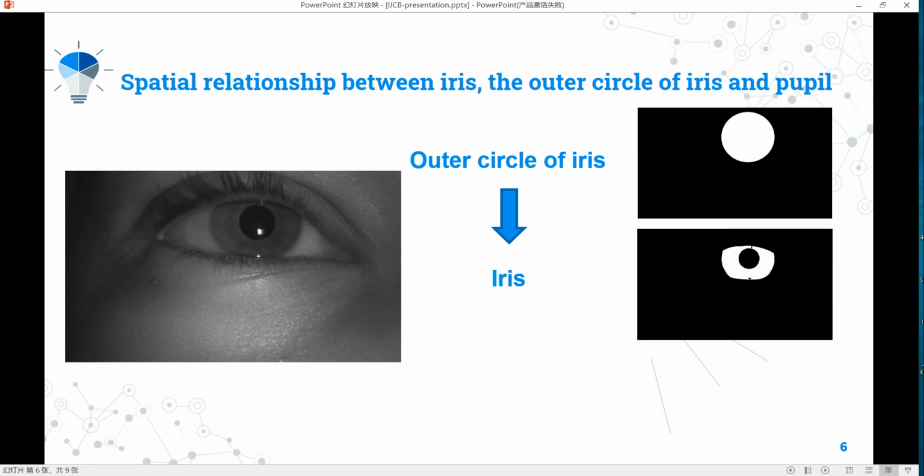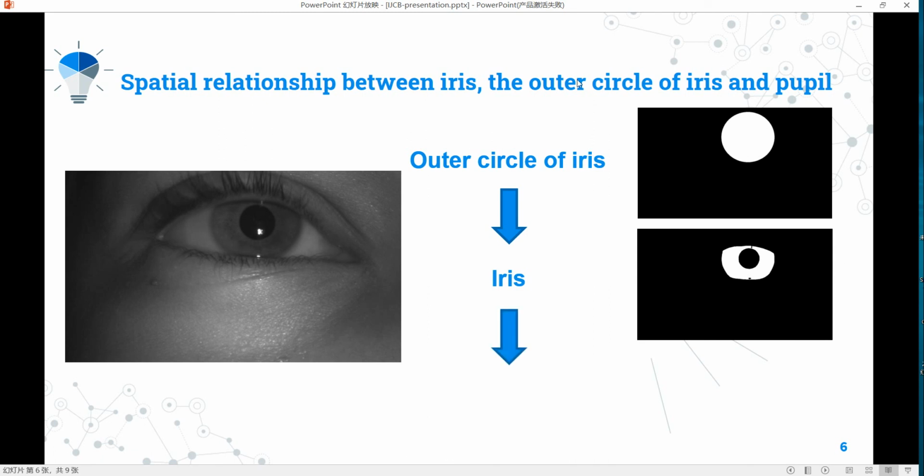This is an iris acquisition image, and the one on the right is the segmentation image of the outer circle of the iris. In fact, through observation and simple thinking, it can be found that the iris segmentation map is completely included in the iris outer circle segmentation map, because the iris outer circle is a circumscribed circle of the iris. Look at the next one, the purple.